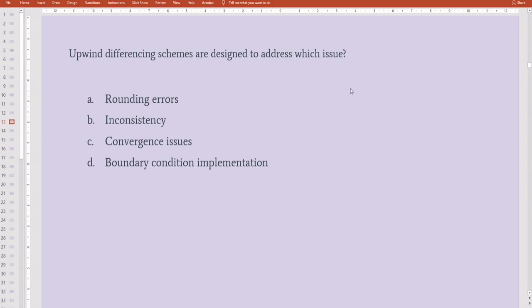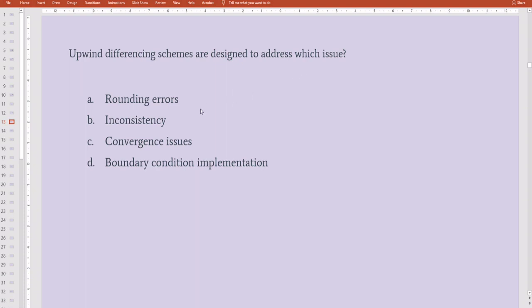Next question: differencing schemes are designed to address which issue? We have covered different things like conservativeness, boundedness, transportiveness, well posedness. But what are the upwind differencing schemes best used for?